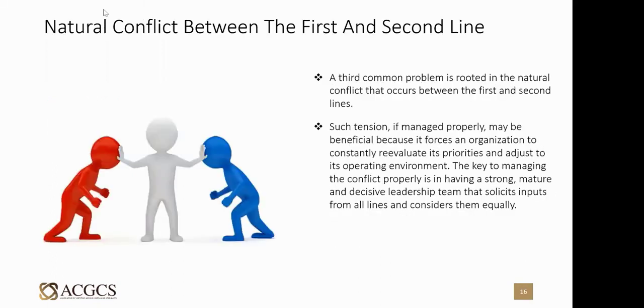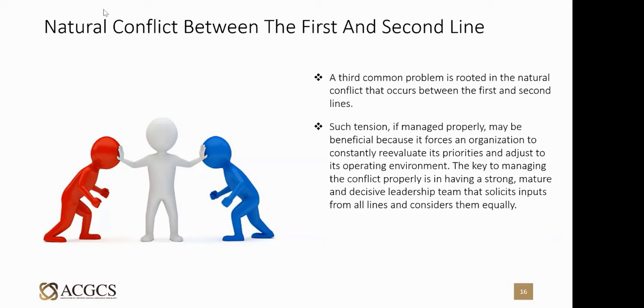One of the other challenges that I see is the natural conflict between first and second line, with second line having more specific testing work. Sometimes you will see friction occur because second line will do testing, and first line is always wary about the testing that is being done by the second line.